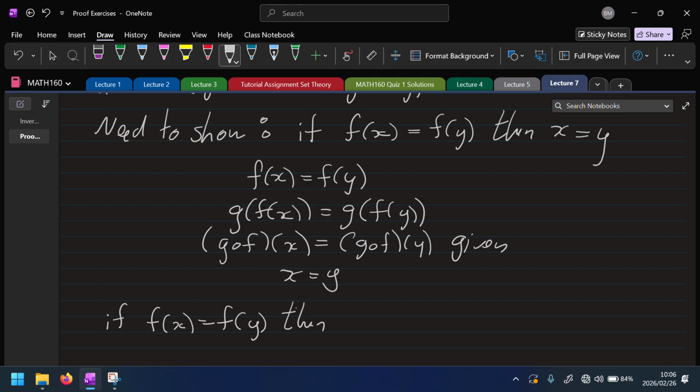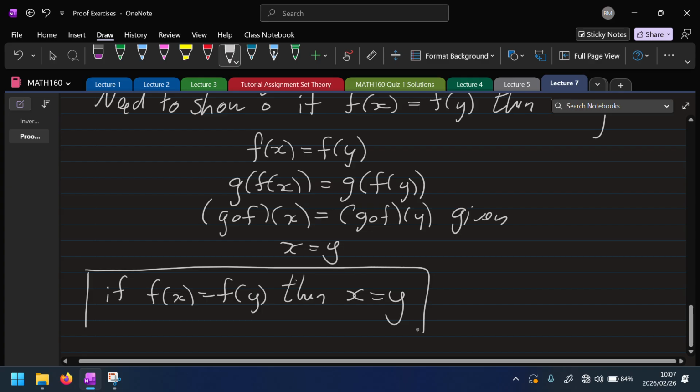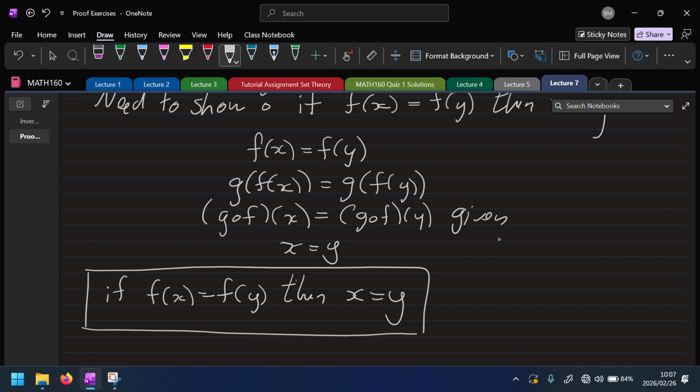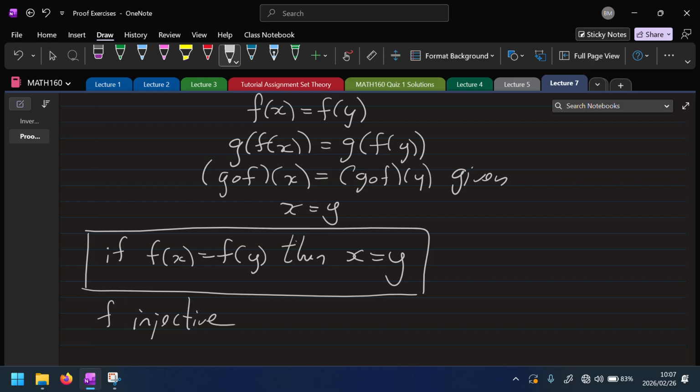So if that, then a bunch of stuff, but more importantly, then that last line. We put a big box around this. What does this mean? f is injective. Very good. Nice. Done. Fairly easy. Everyone understand?